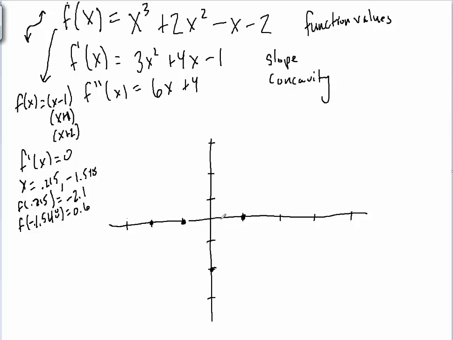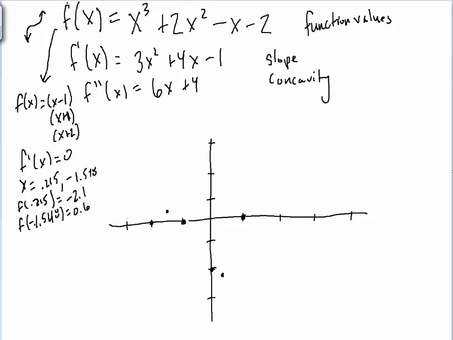So let's graph those. 0.215, -2.1. And when x is -1.548, we have a function value roughly 0.6.